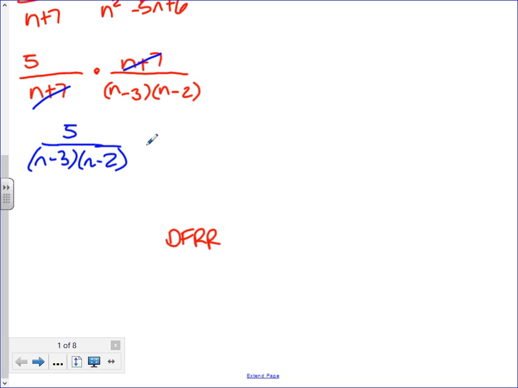What's the second part of your answer? What are the restrictions, Jacques? Negative 7. Positive 3 and positive 2. That's right. N cannot equal negative 7, positive 3, and positive 2.